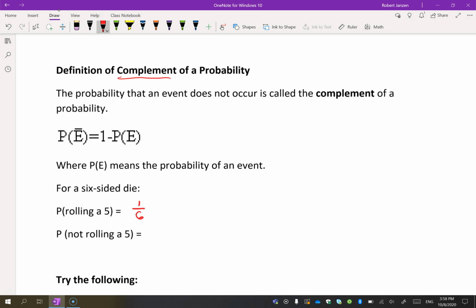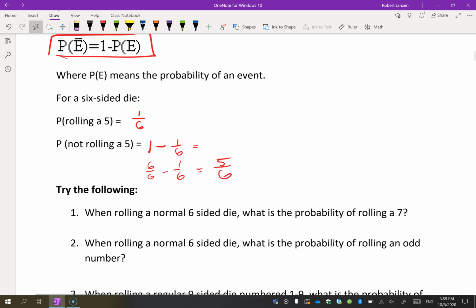The probability of not rolling a 5, well, you can already see that's 5 out of 6, but looking at our formula here, the probability of not rolling a 5 would be 1, take away the probability of rolling a 5. So 1 take away 1 over 6, which if we do the math here, is 6 over 6 take away 1 over 6, you end up with 5 over 6. Okay, so that's what the complement is. It's sort of the opposite of something happening.